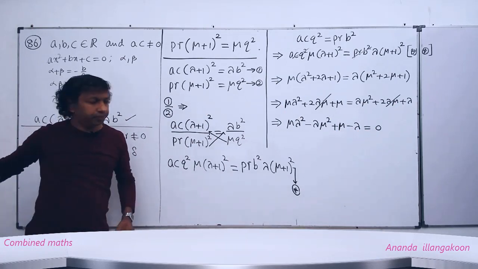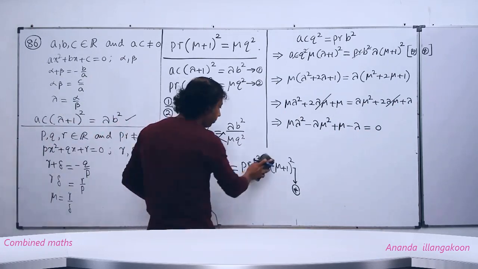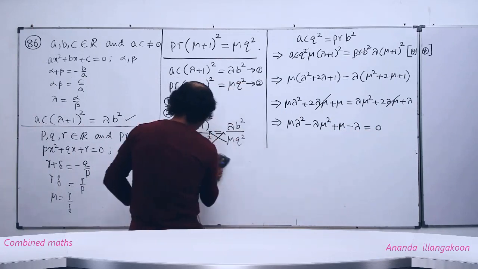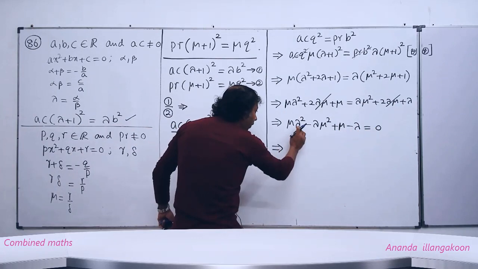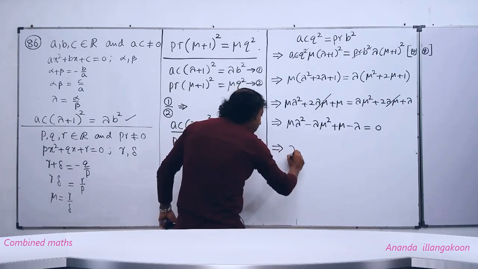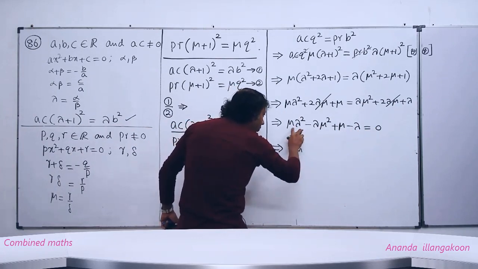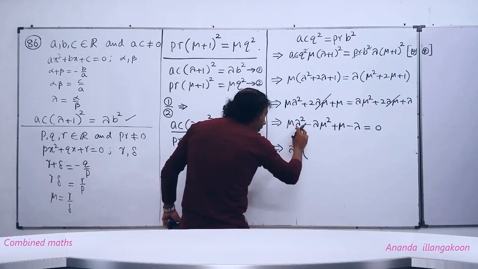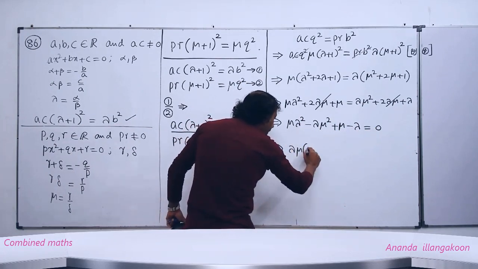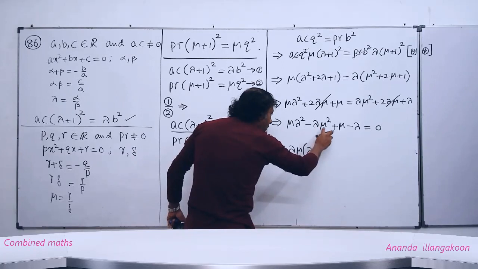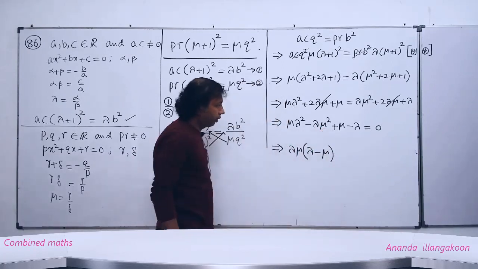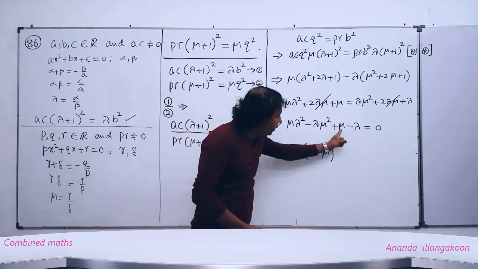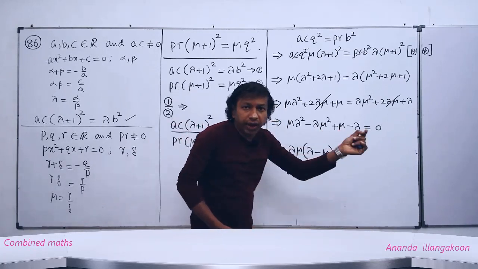Right now, people. Now we can take lambda mu common. When you take lambda mu out, we have lambda here, and minus mu here. By this 2, I take minus 1 out.